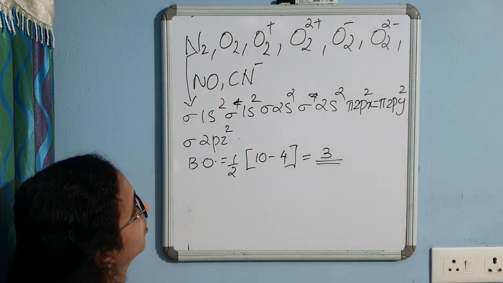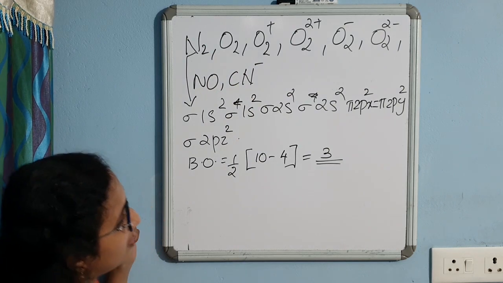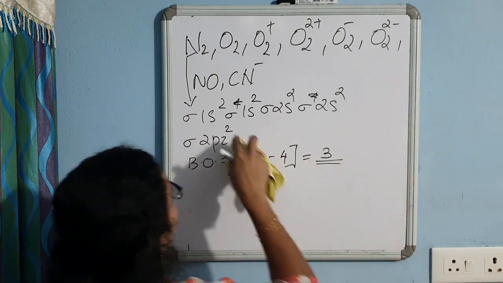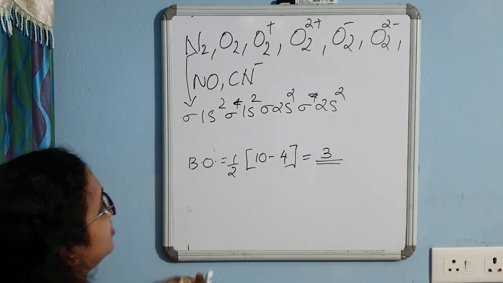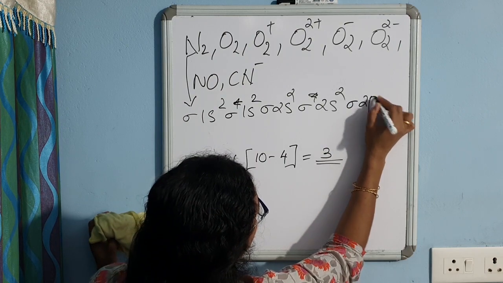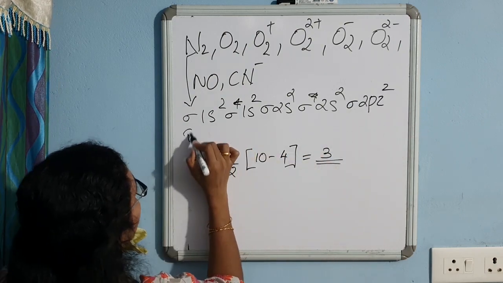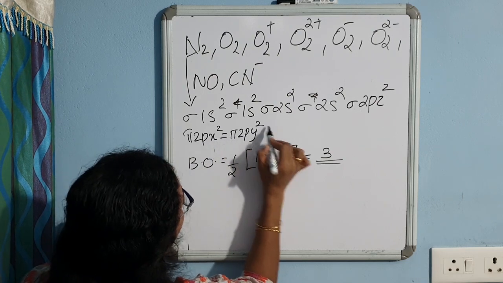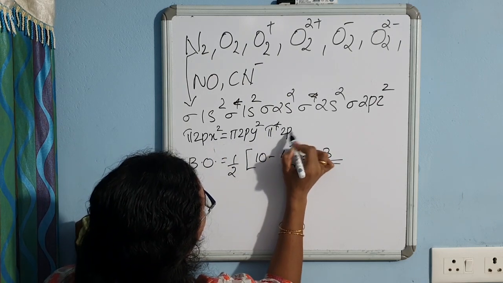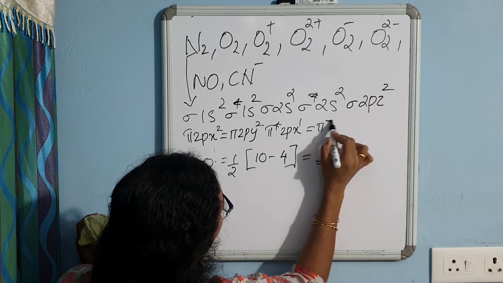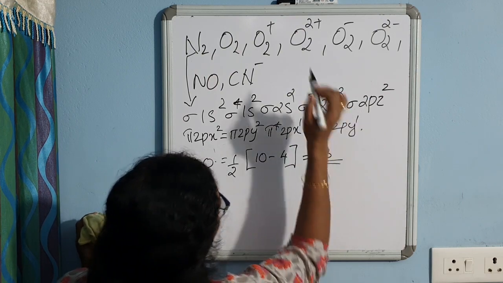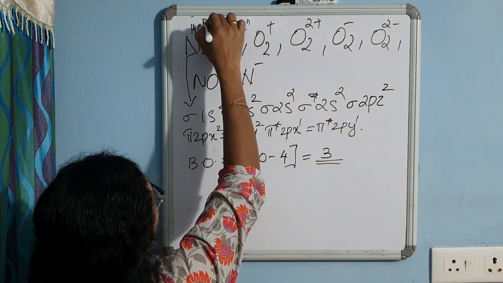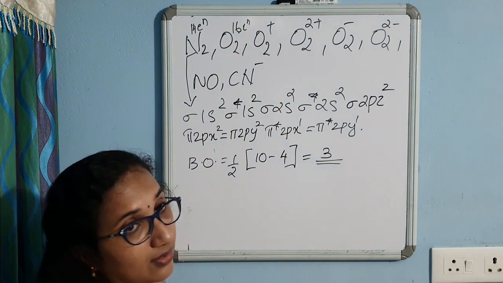When we take the oxygen molecule, the difference comes after sigma star 2s. After sigma star 2s we have sigma 2pz2, then pi 2px2 equals pi 2py2, pi star 2px1 equals pi star 2py1, because we know the oxygen molecule has 16 electrons, more than 14 electrons.